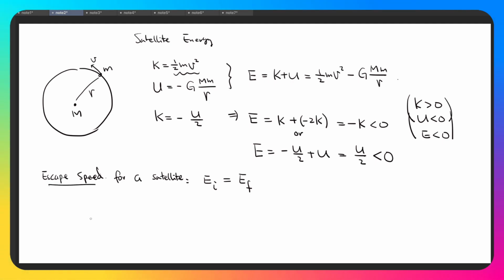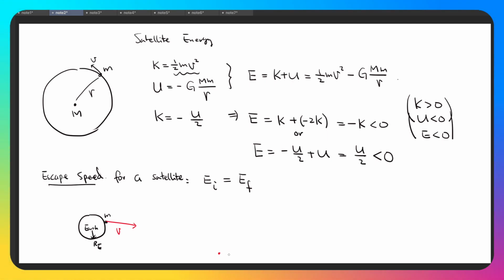Okay, so now let's say here is, I'm going to draw a bigger Earth, and Earth has radius RE, right? So now on the surface here we have a little m, the satellite, and we want to give it some speed, let's say v, so that it can go up in the sky, and then hopefully it can escape.